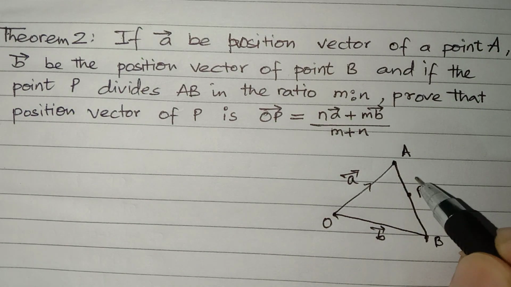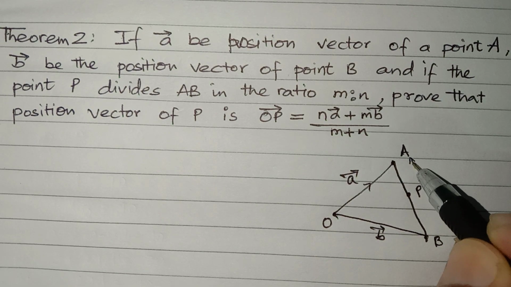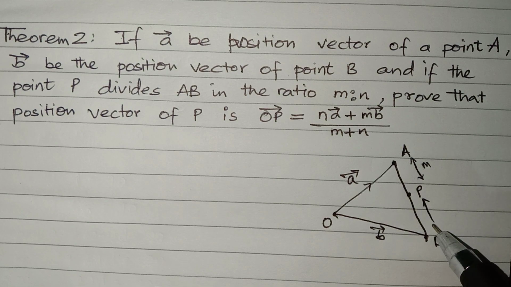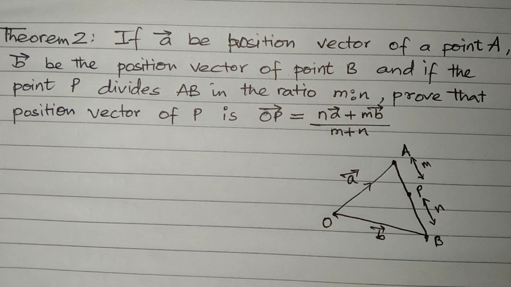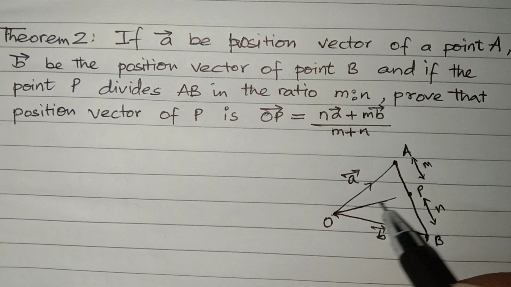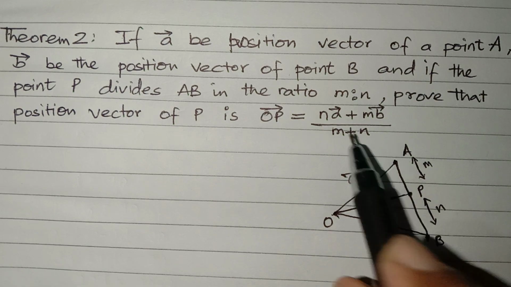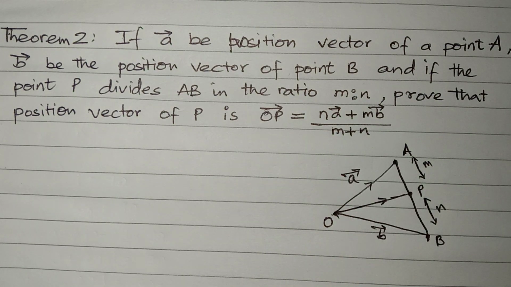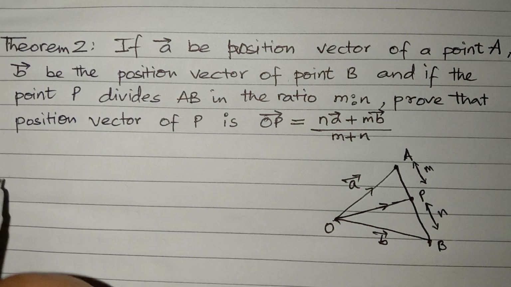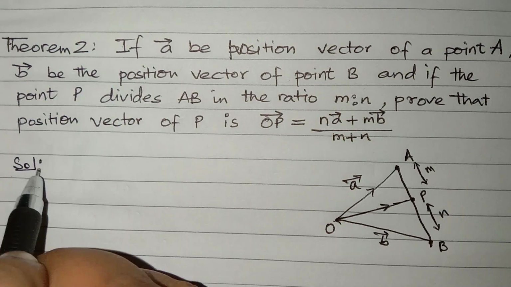That means AP is m and PB is n. Now we have to prove that the position vector of P, that means vector OP, is n times vector A plus m times vector B divided by m plus n.